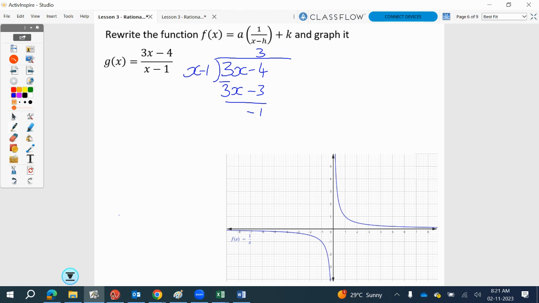That means that this function is 3 plus minus 1 over x minus 1.